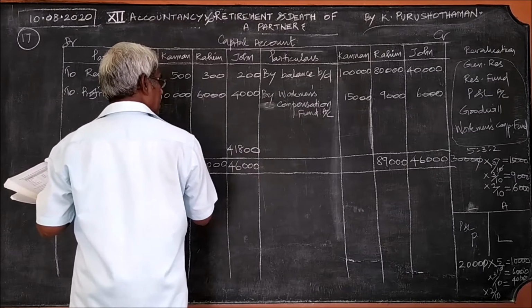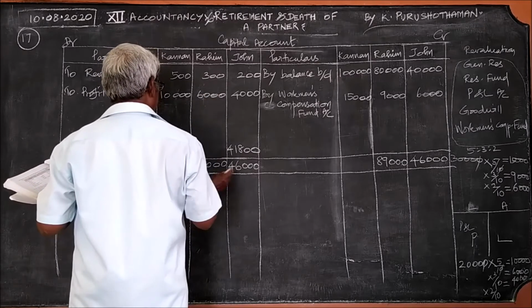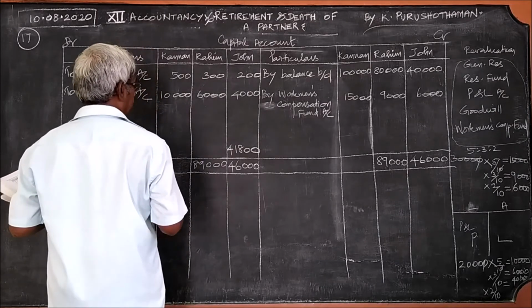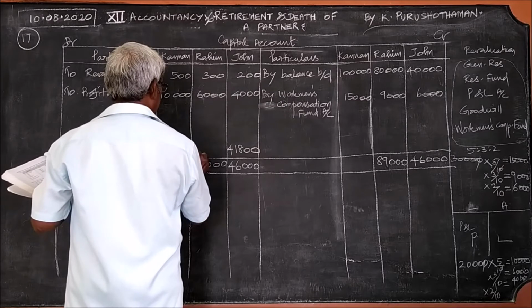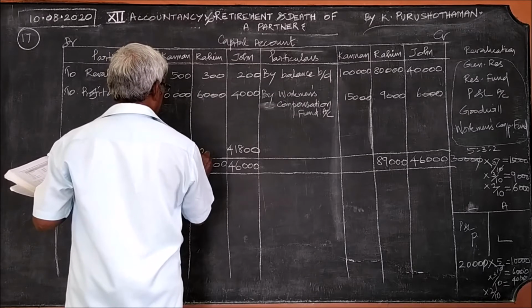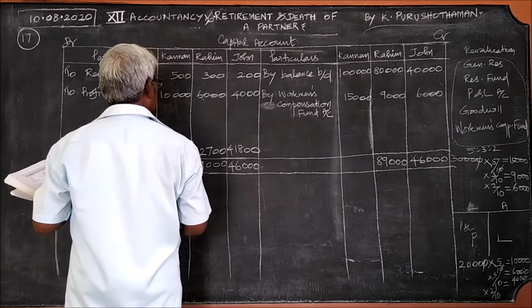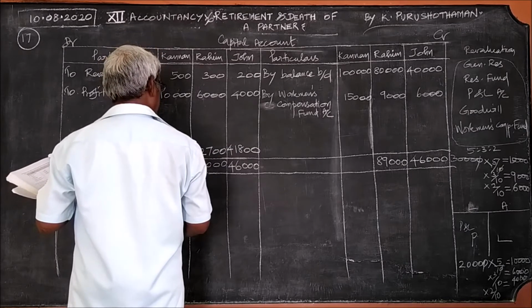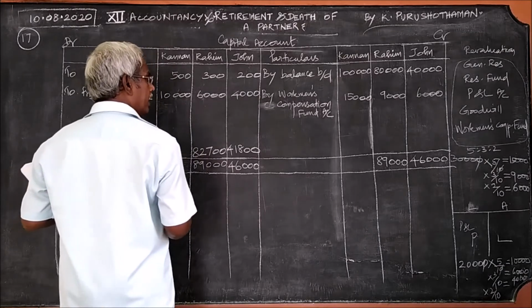Therefore, from this total profit, this amount should be cancelled. 89 minus 6, 83. 83 minus 300, 82,700. Okay, then next.